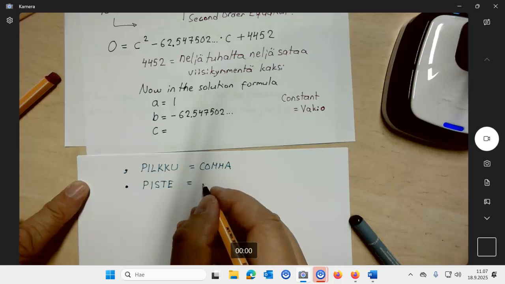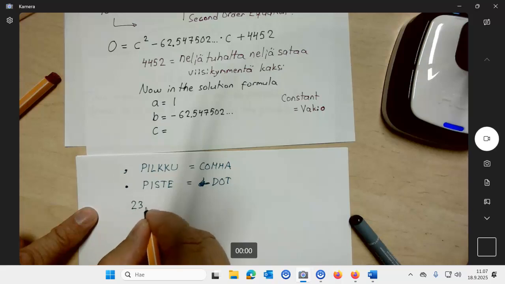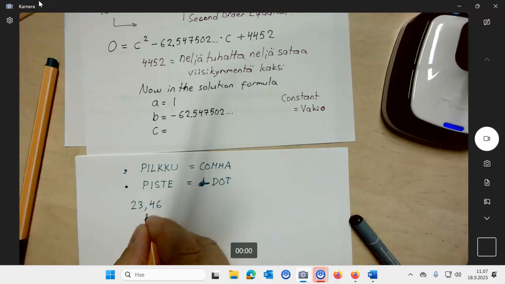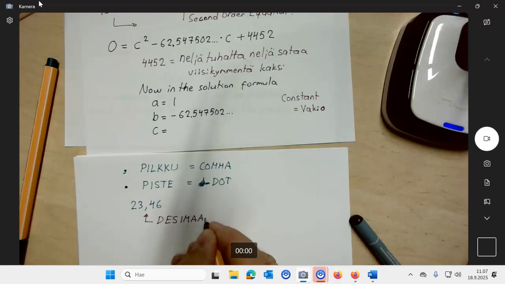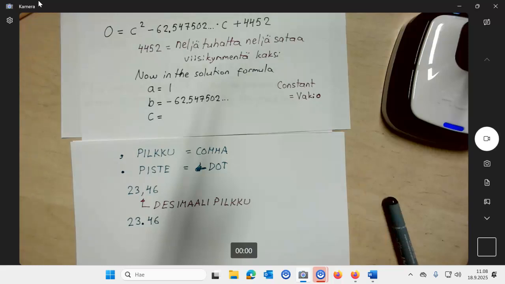Is it a dot? Do you use a dot? Yeah. Desimaalipilkku. Then if we use this dot, it's the same word but desimaalipiste.